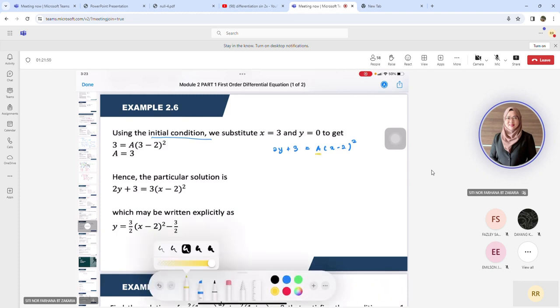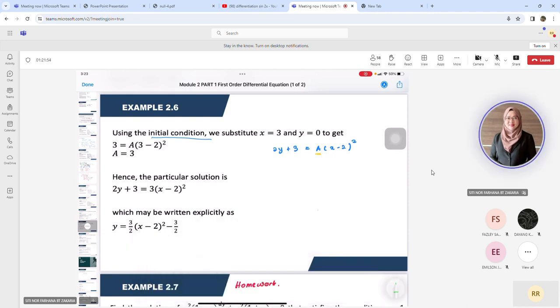So to find the a value, substitute x equals to 3 and y equals to 0 into this equation. So 0 plus 3 equals to a times (3 minus 2) to the power of 2. So this one is 3, this one is 1 to the power of 2 equals to 1.